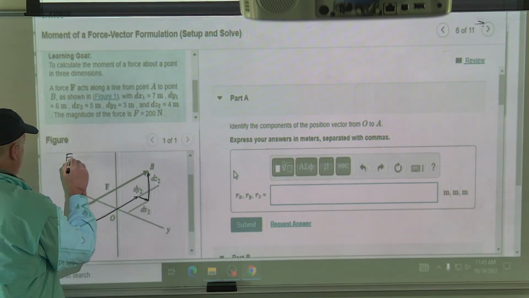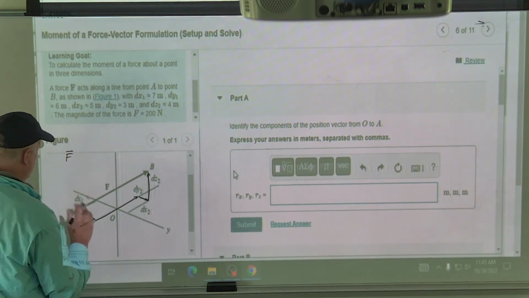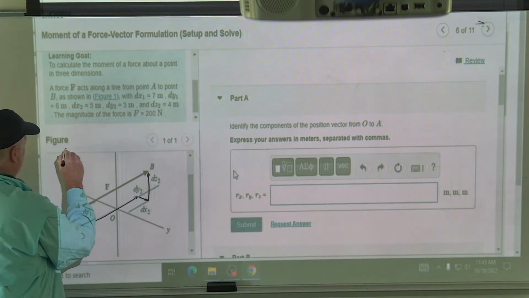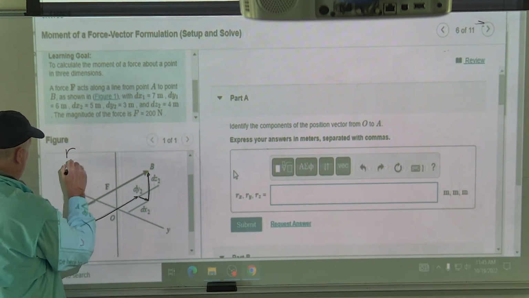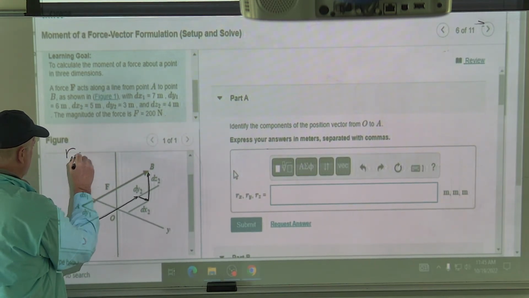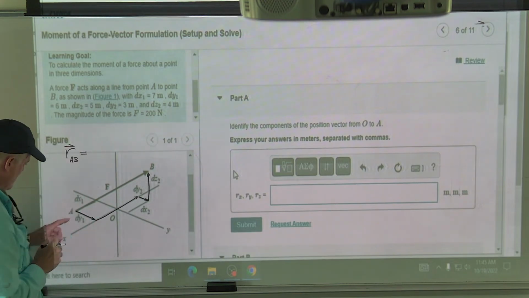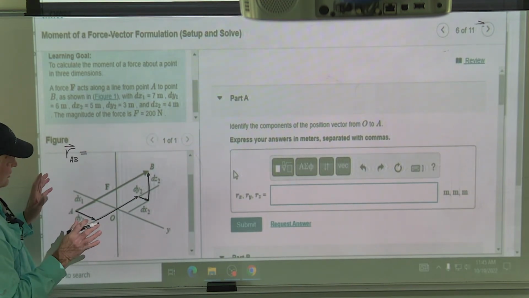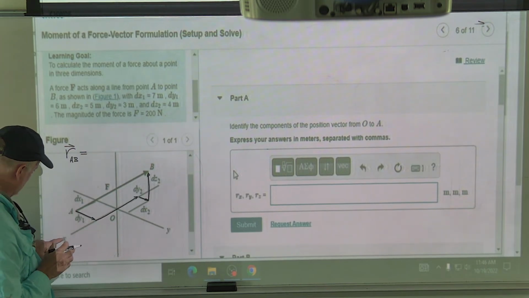So here, let's do this, a vector r that goes from A to B is going to be equal to, I'll do the x's first. Here are the x's.